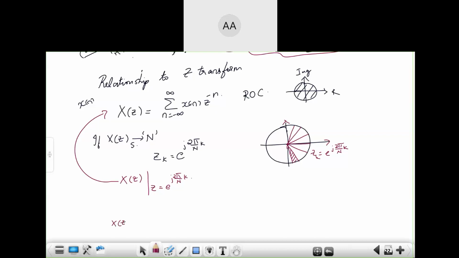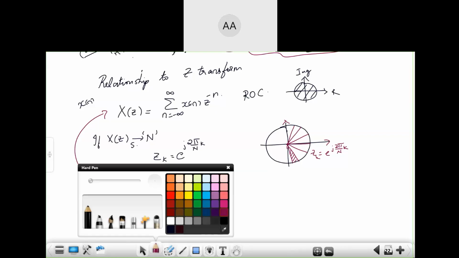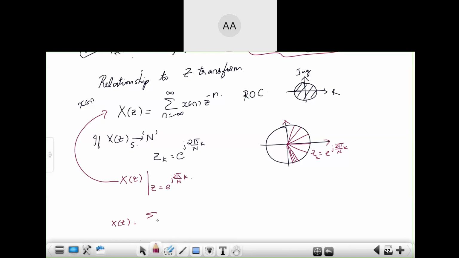X of z is nothing but summation n equal to minus infinity to infinity x of n, instead of z, you will write e power minus j 2 pi by N into k, into n. Minus sign is already there here, right? So you are evaluating at z is equal to exponential. You are replacing z with exponential value. So you got this expression.